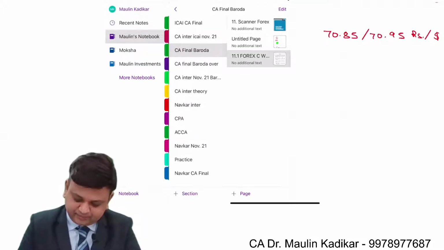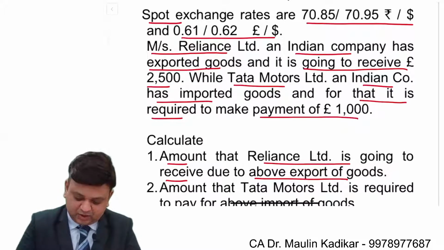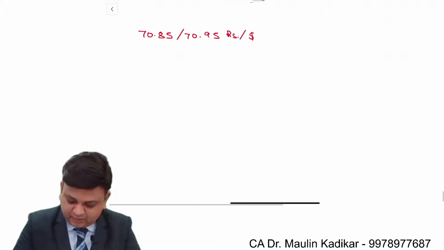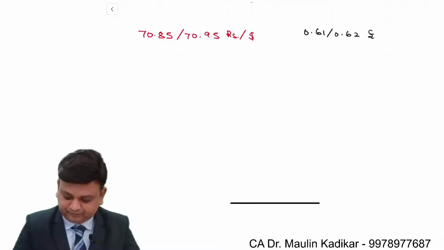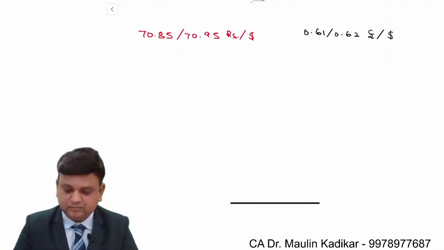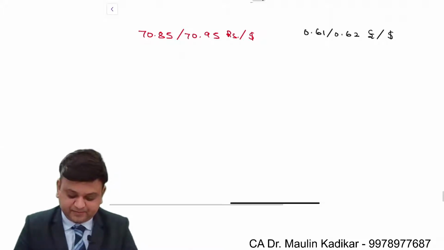Next, 0.61 slash 0.62 pound per dollar. This is the way the two exchange rates are provided to us.